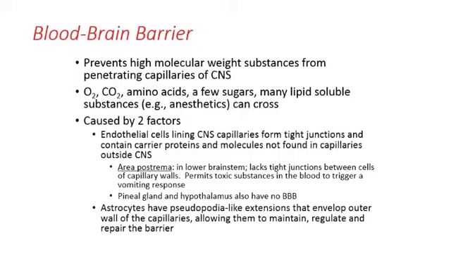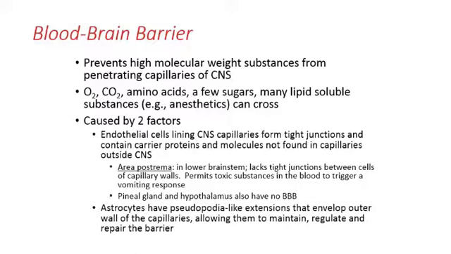The endothelial cells also contain proteins and molecules that are not found in the capillaries outside the central nervous system. So there are actually receptors or channels that transport things like glucose and amino acids across the blood-brain barrier into the brain for nourishment.